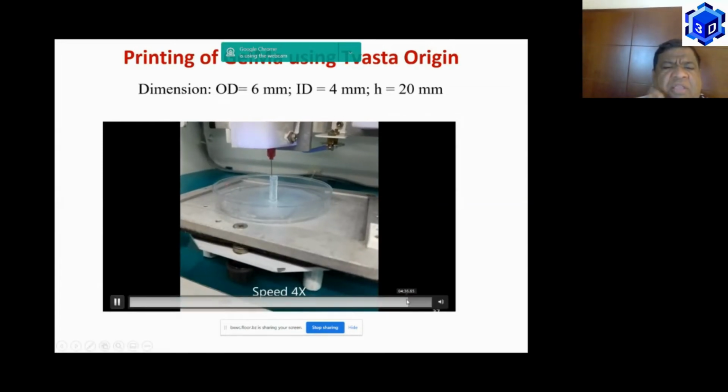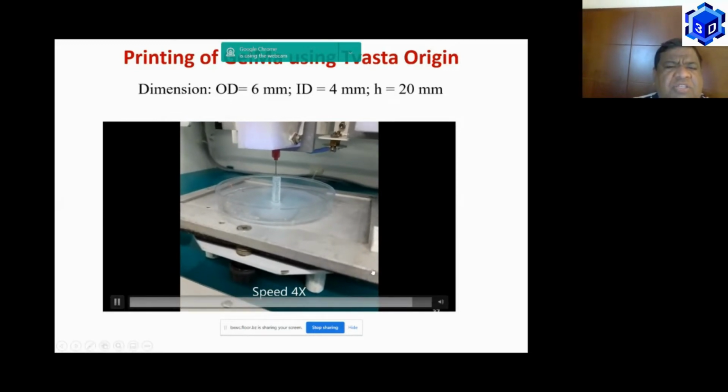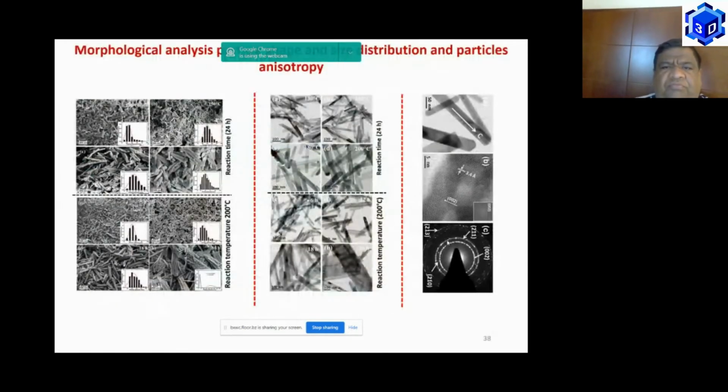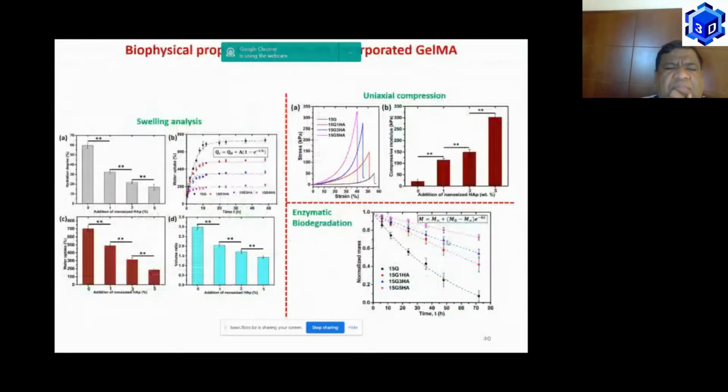During printing there is continuous in situ cross-linking by exposing it to UV. We have optimized the printability and flowability of the ink using different nozzle dimensions, and this is how the structure looks when different amounts of hydroxyapatite are added.